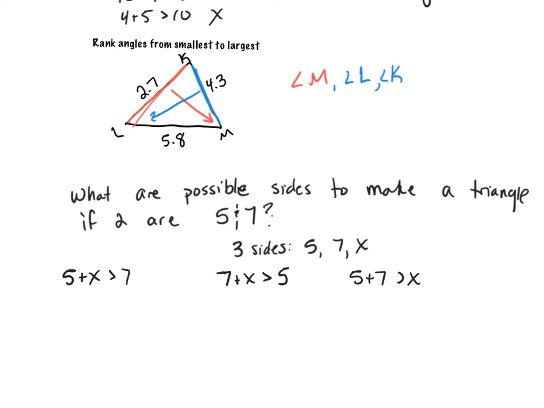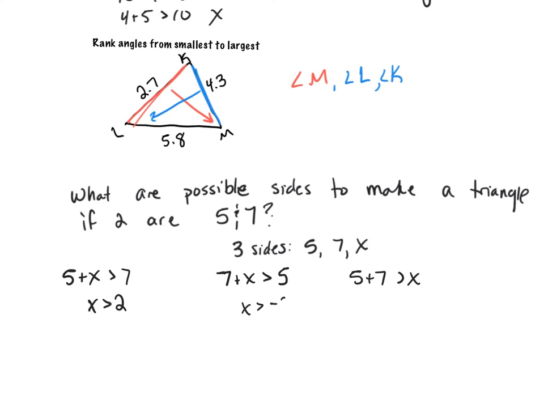So when I look at this, I just solved these. So if 5 plus x is greater than 7, x has to be greater than 2. Right? Subtracted 5 from both sides. Save that one. If I solve this second one, subtract 7 from both sides, x has to be greater than? What's 5 minus 7?